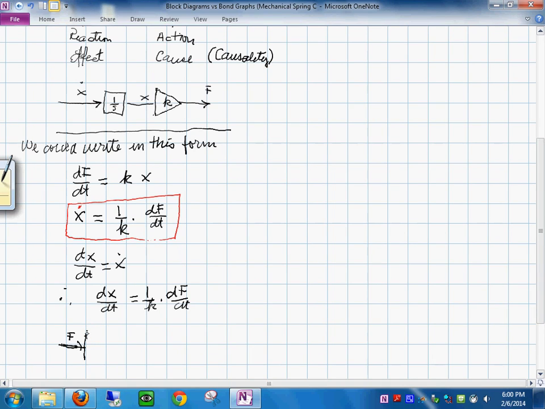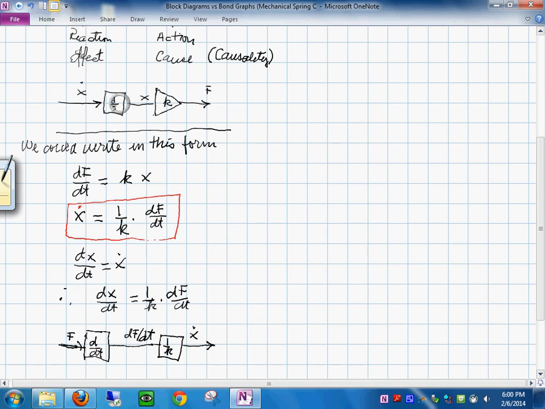Then this gets differentiated, dt, so you have df dt, derivative of the force, and then multiply this by 1 over k, and out of this comes x dot. See?